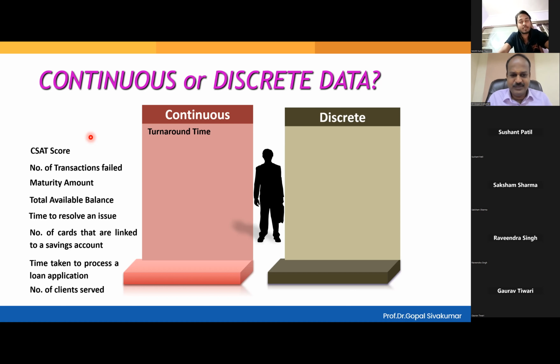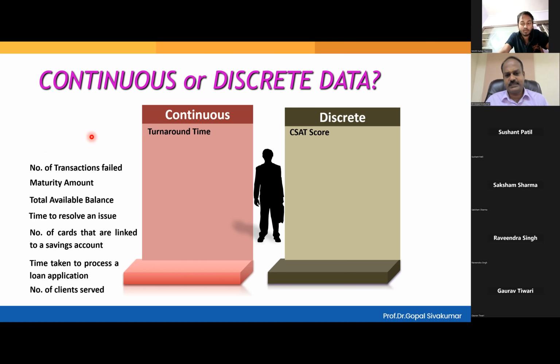But if you like the training, you give 5. The next option is 4. Between 4 and 5, there is no option. 3.5 is not available. So it is discrete. Only 5 values are possible, 1, 2, 3, 4, 5. You have to restrict.